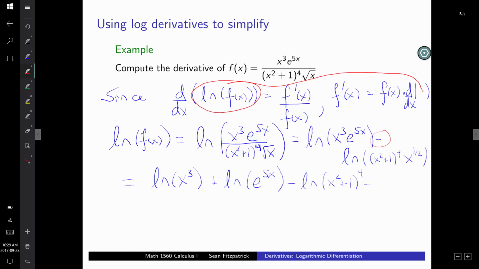Be careful, that minus sign hits both of these. Minus the natural log of x to the 1/2. Okay, but now remember that powers come down, right? I can bring all these powers down in front. Okay, so let's do that.